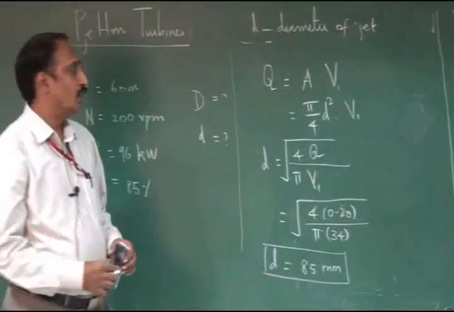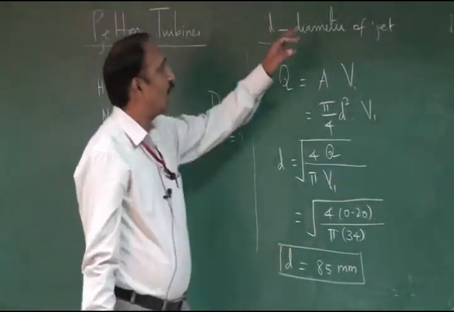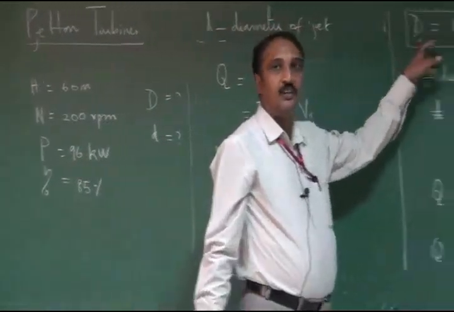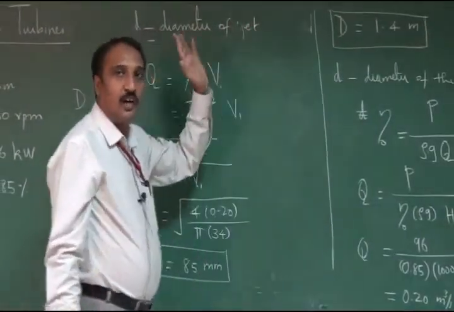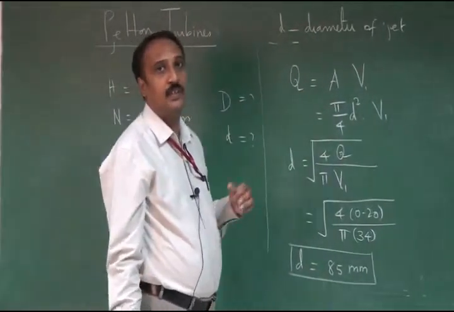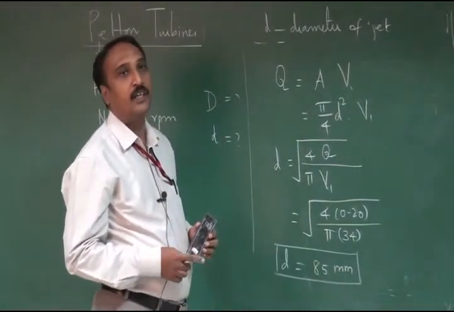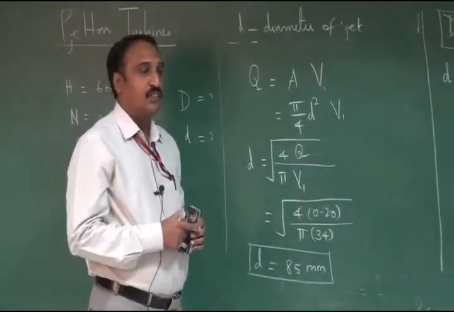As already discussed, from the diameter of the jet and the diameter of the runner wheel, we can calculate all the specifications of the runner wheel as well as the bucket specifications in terms of width of the bucket and depth of the bucket and other specifications of the runner wheel.